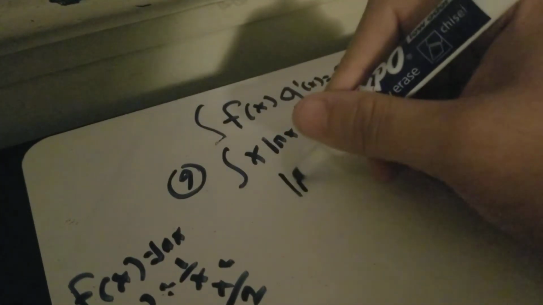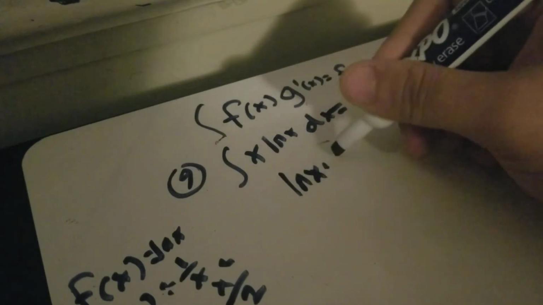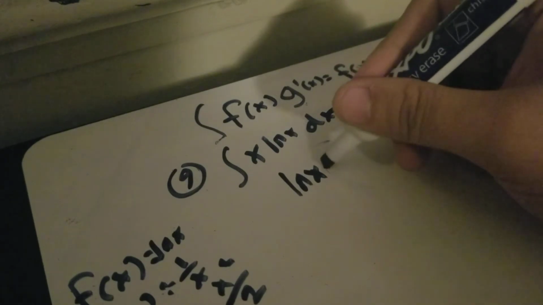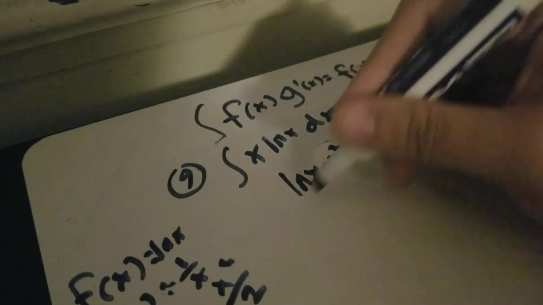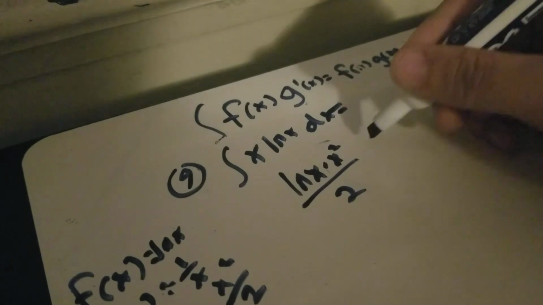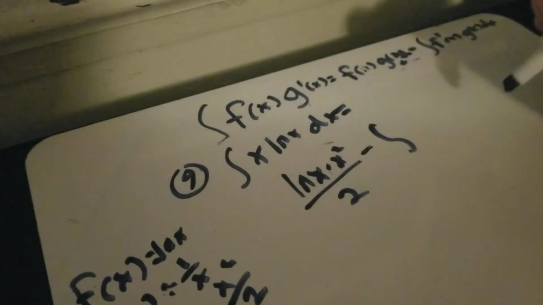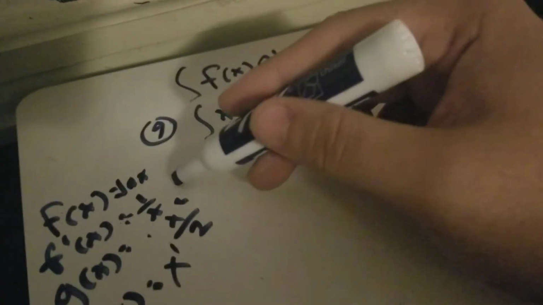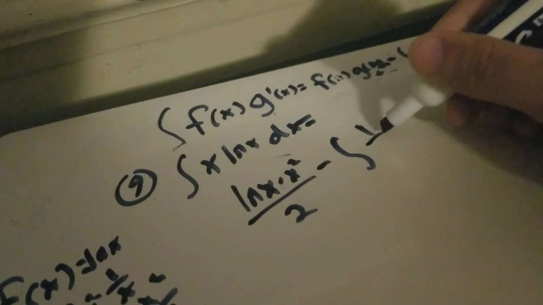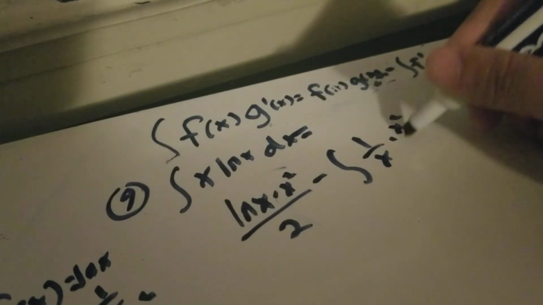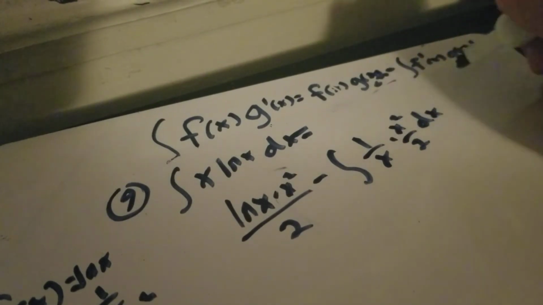So that's going to be ln x times x squared over 2. Minus the integral, f prime of x, so f prime of x is 1 over x, times g of x, so g of x is x squared over 2 dx.